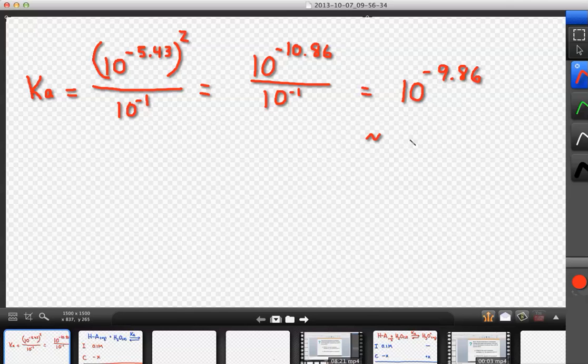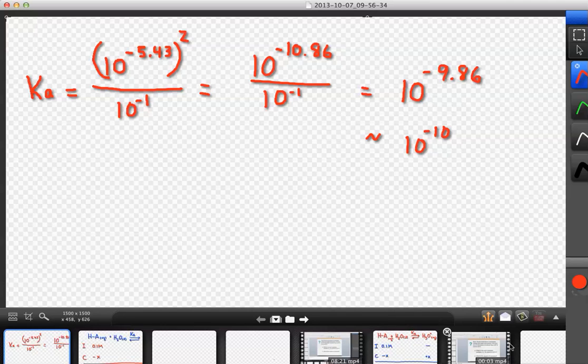This will be on the order of 10 to the minus 10. Now, to put this into perspective, this acid is so weak that if I have 10 billion molecules of phenol, one of them will dissociate. That's a pretty weak acid.